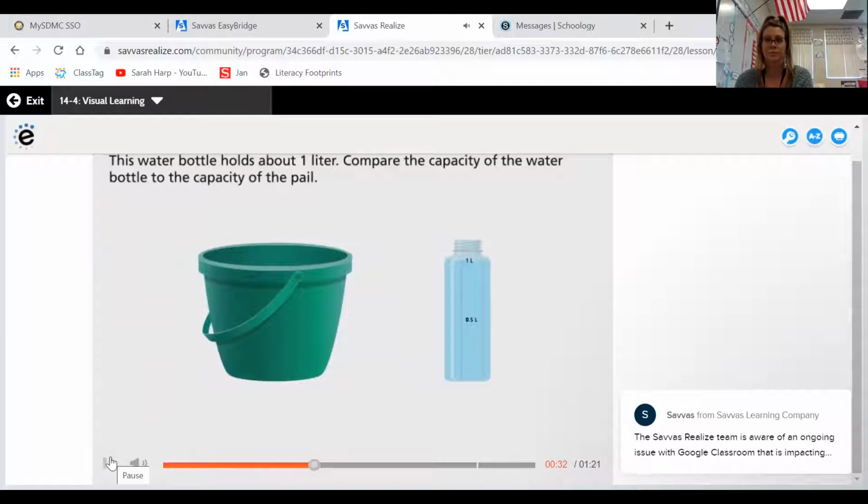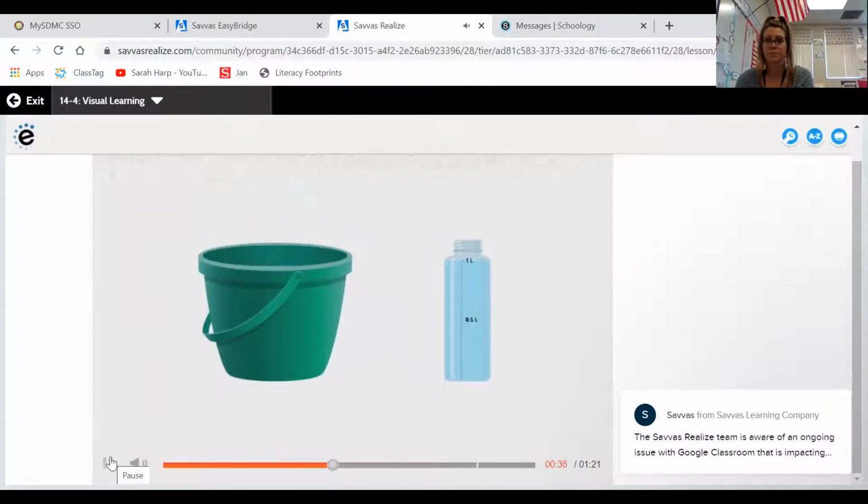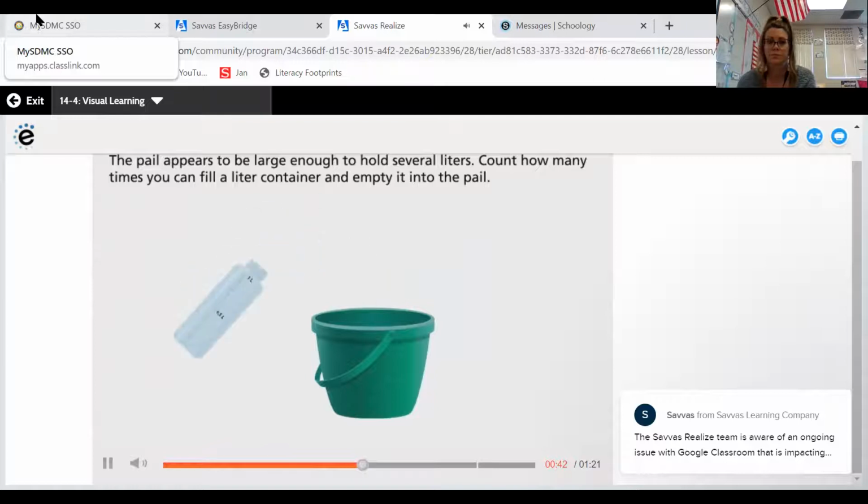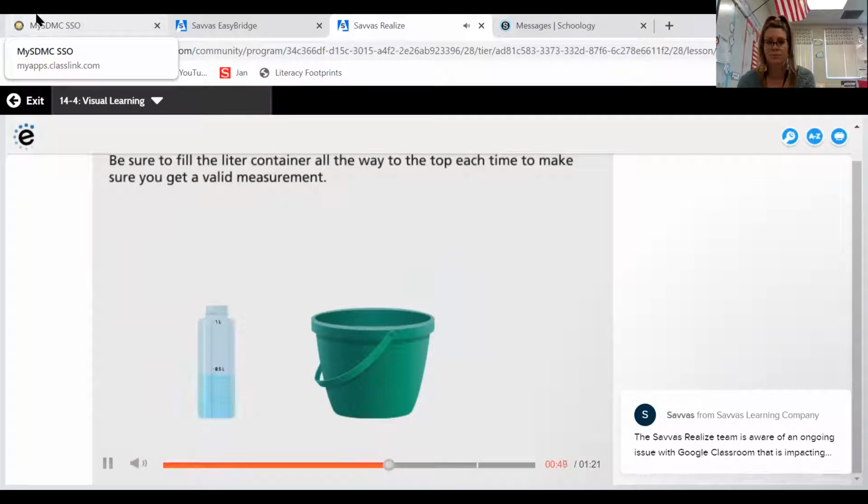Compare the capacity of the water bottle to the capacity of the pail. The pail appears to be large enough to hold several liters. Count how many times you can fill a liter container and empty it into the pail. Be sure to fill the liter container all the way to the top each time to make sure you get a valid measurement.